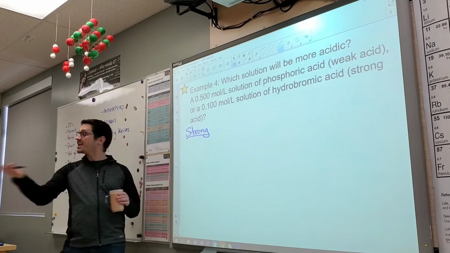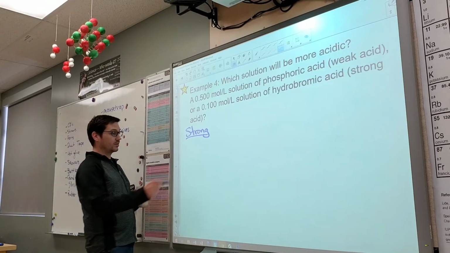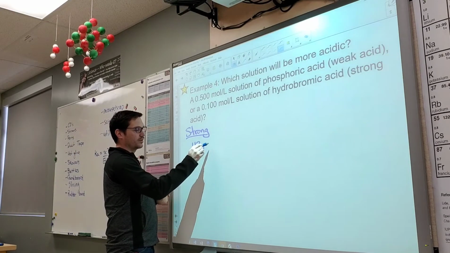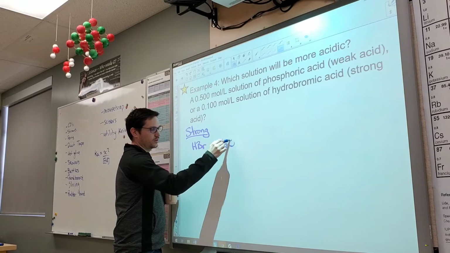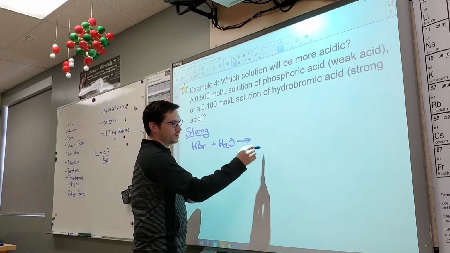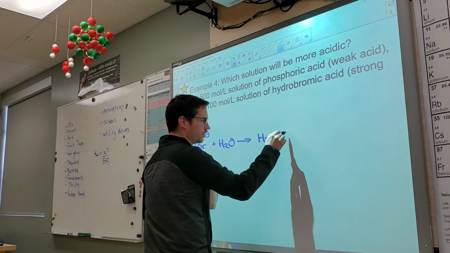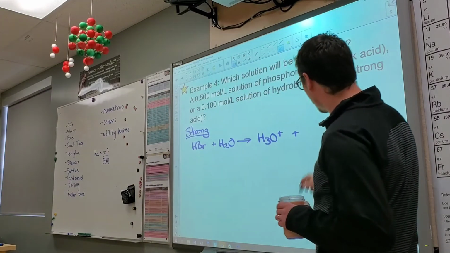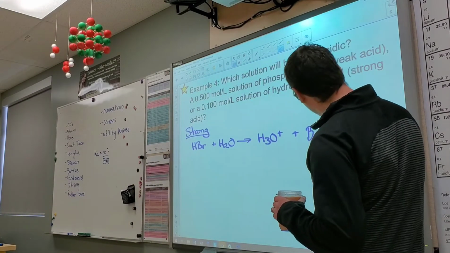The strong acid is hydrobromic acid, right? So HBr is going to react with water to make hydronium and bromide.